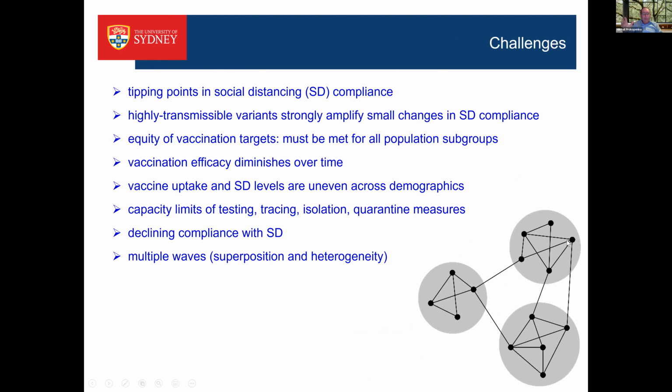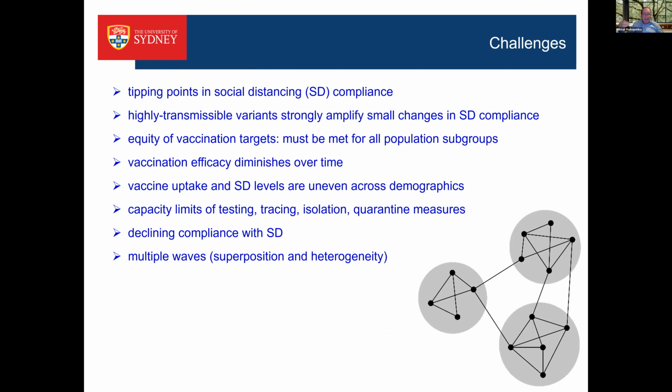So to finalize, I would say that we have very important challenges in this modeling that the agent-based model actually allows you to solve to a good extent. But there are still challenges. We talked about tipping points. We talked about amplification effects.